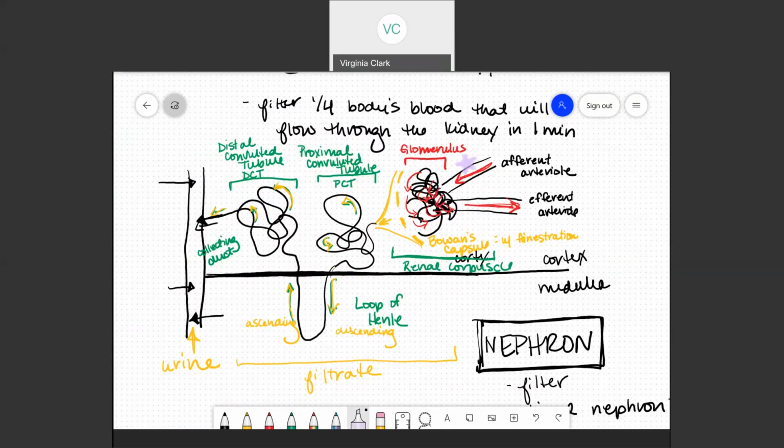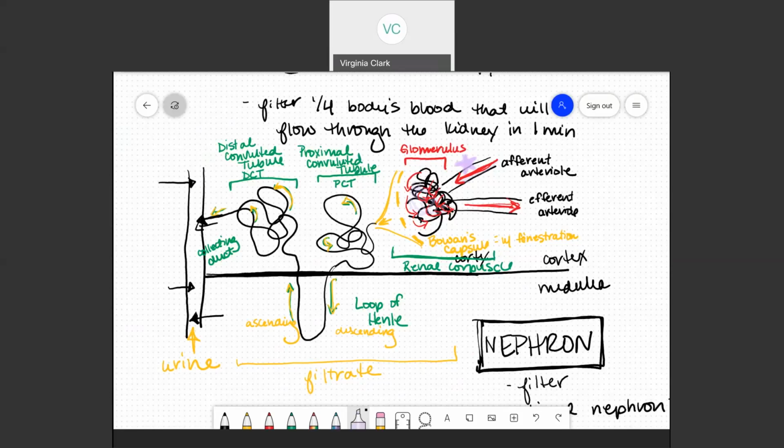So that means as blood is coming in, your JG cells right here are testing the pressure of the blood. If too much pressure is coming in, it will trigger your system to decrease that pressure. If not enough pressure is coming in, then it will trigger your system to increase the pressure, because what it cares about is when blood is traveling into your afferent arteriole and going through this glomerulus process, the pressure of that blood moving through those capillaries needs to be correct.